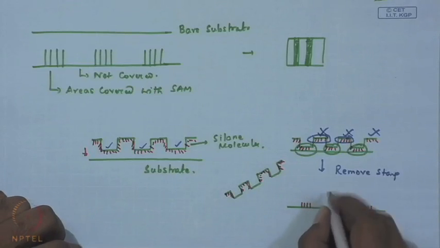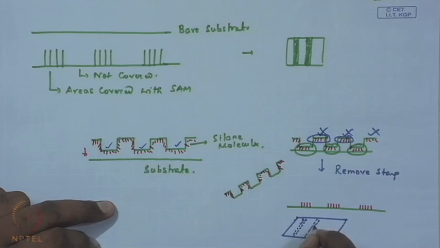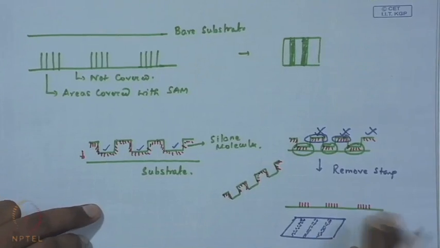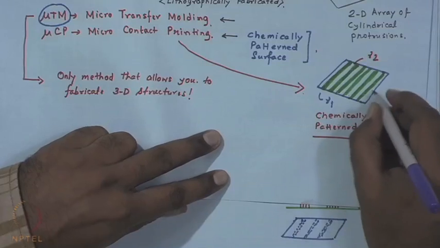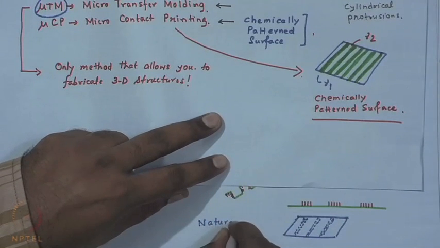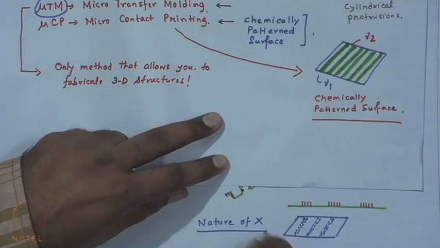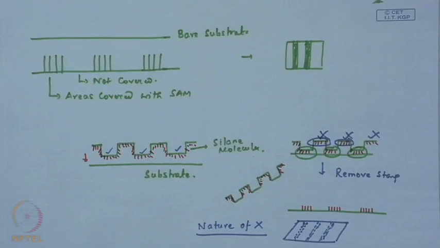If you look at a quick 3D view, suppose you have a grating; over this entire length of the stripe, you have these self assembled monolayers on the surface, which now act as different wettability regimes depending on the nature of the ligand X. So, this is one of the simplest methods, very easy to execute.